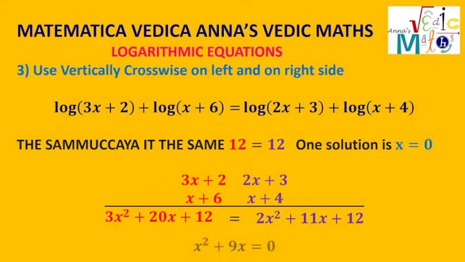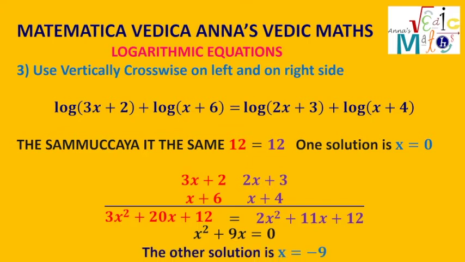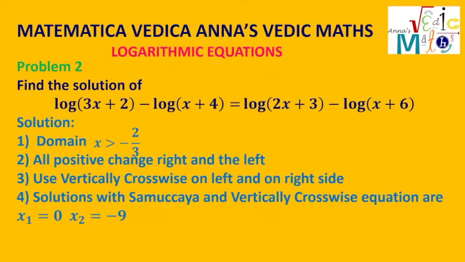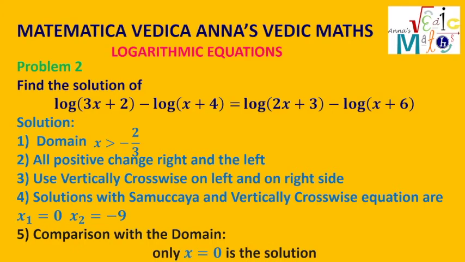The final equation is x squared plus 9x equal 0. One solution we know is 0, the other solution is x equal minus 9. To find the solution of the logarithmic equation, we compare the solutions x1, x2 with the domain, and we find that x equal 0 is the only solution.